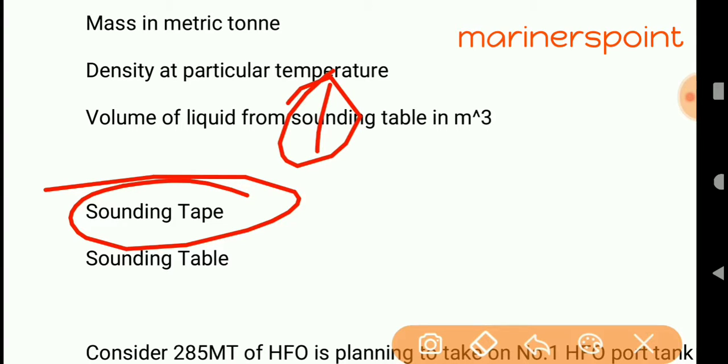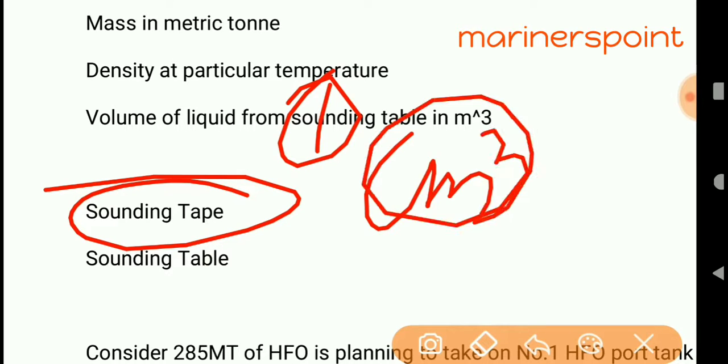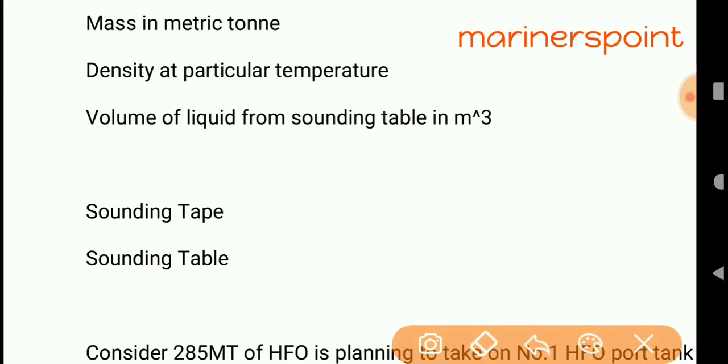You will take sounding of the tank, then you will get it in centimeter. On the tape it is in centimeter. So from the sounding table you calculate how much volume of fuel is in the tank.